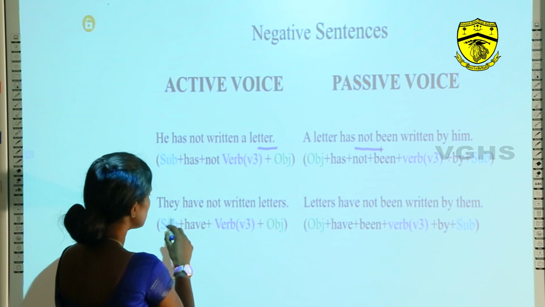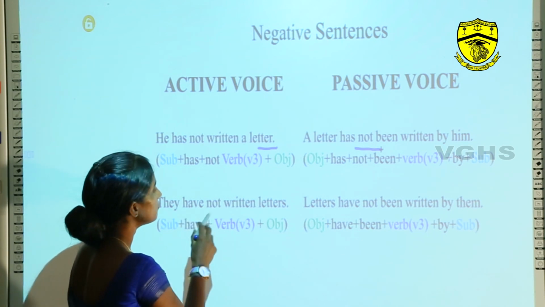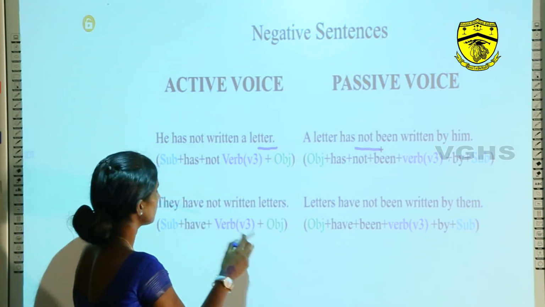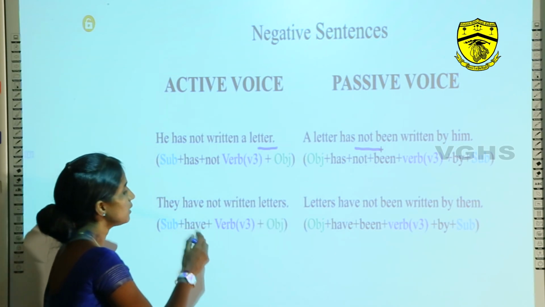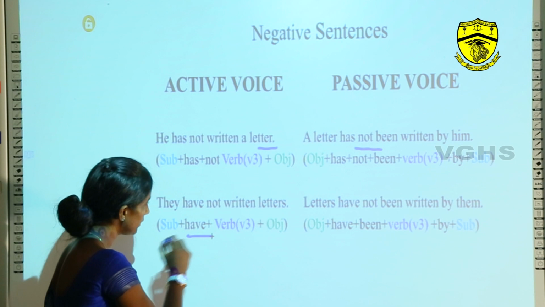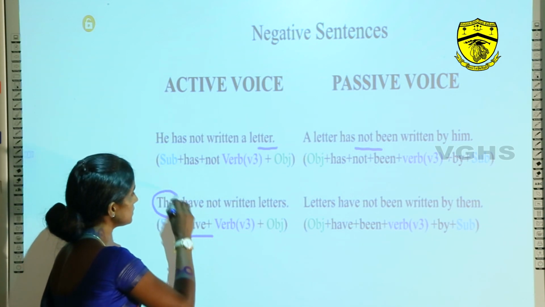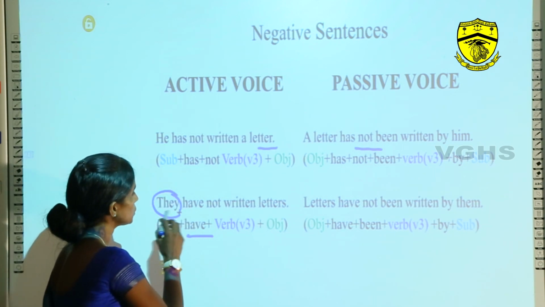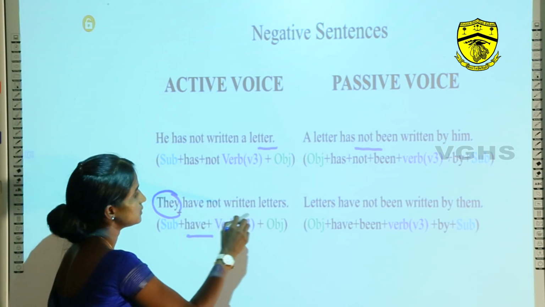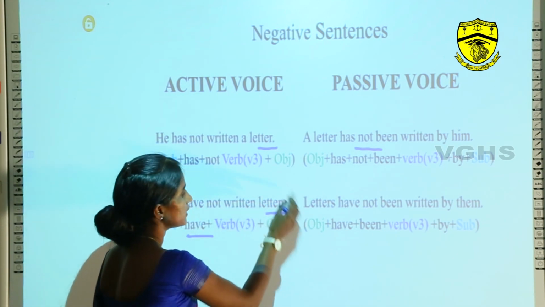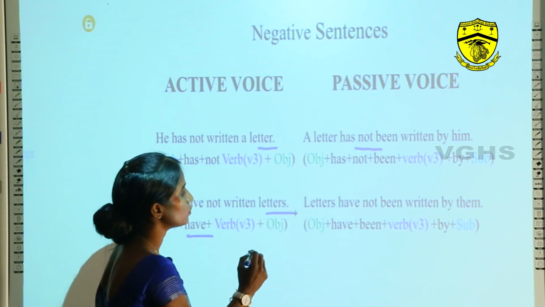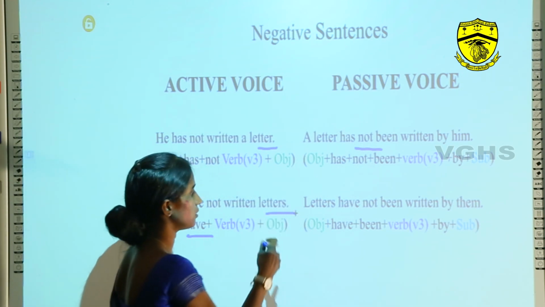Likewise, another sentence: they have not written letters. Here also, in the structure of the sentence, we put have because the subject is plural. So, they have not written letters. And this is the object, which is also a plural noun.